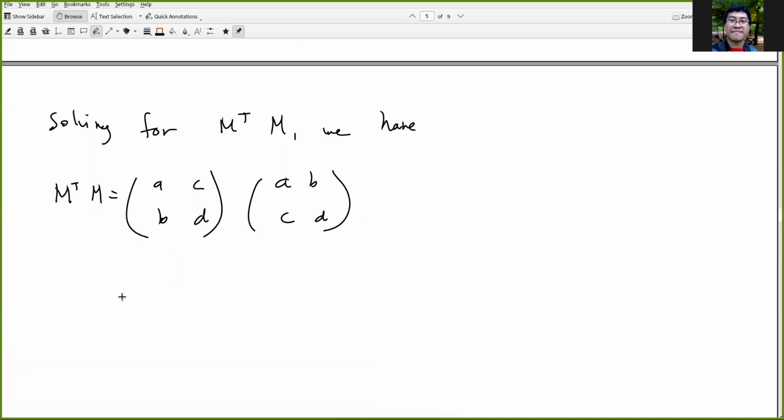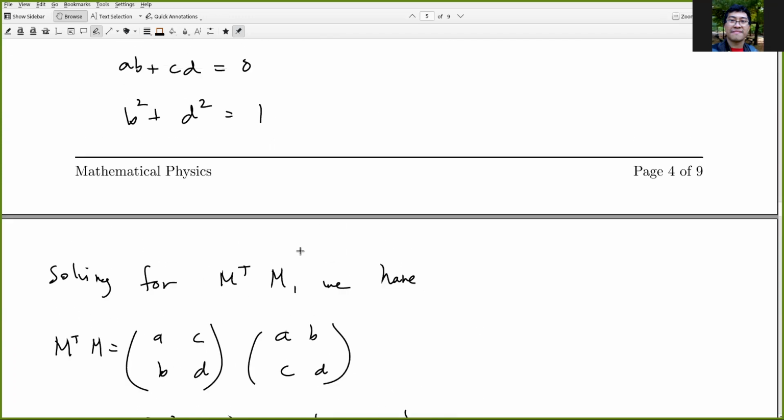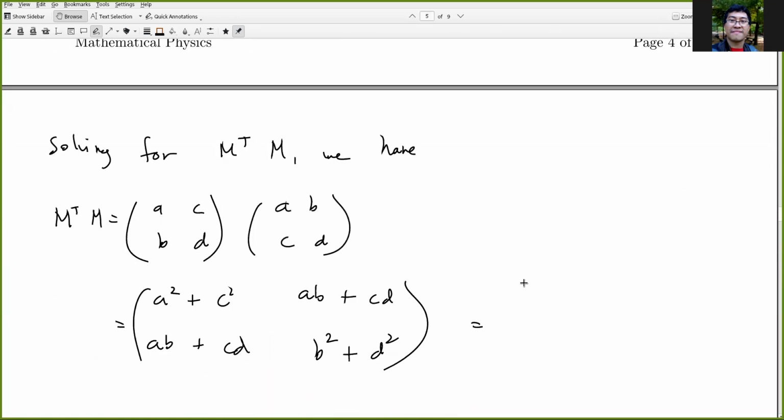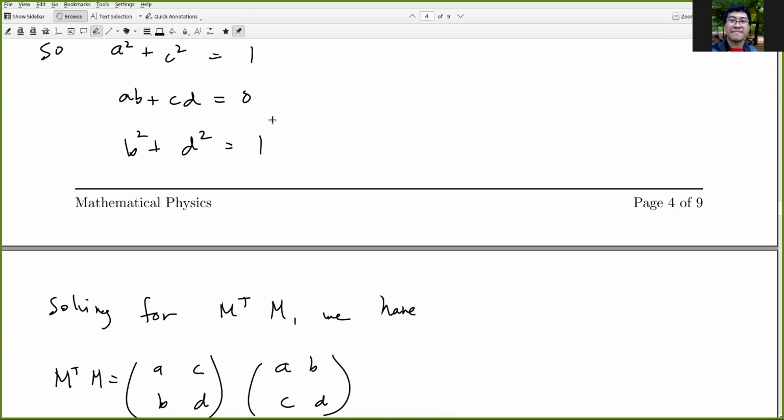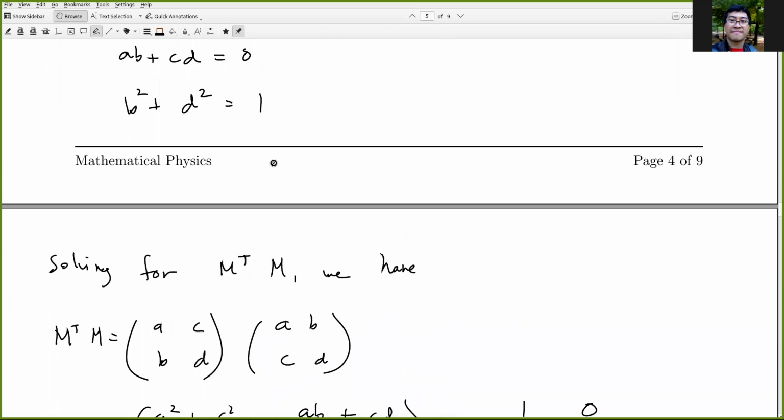Multiplying the two, you have a squared plus c squared, ab plus cd, again ab plus cd, and b squared plus d squared. And a squared plus c squared, that's 1. ab plus cd, it's 0. b squared plus d squared, that's 1.